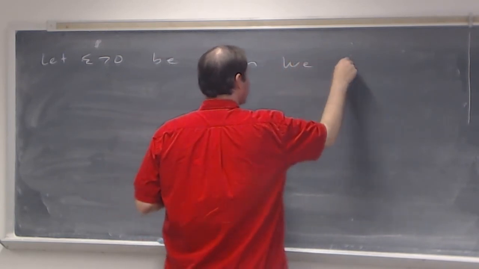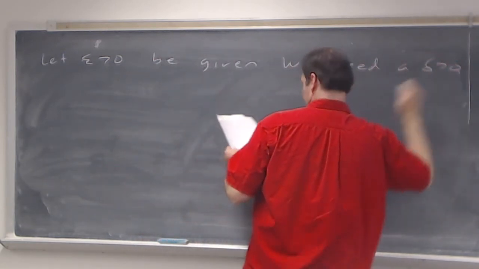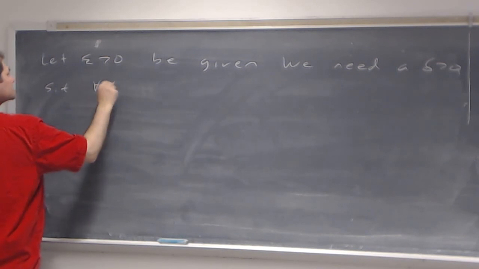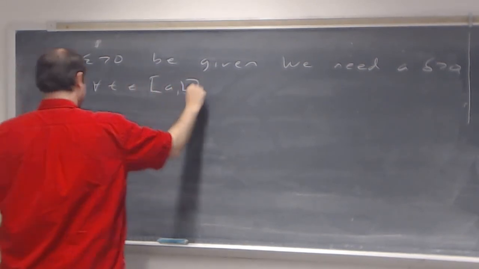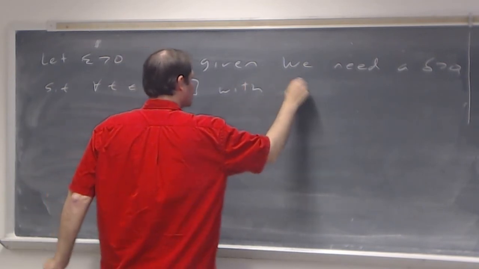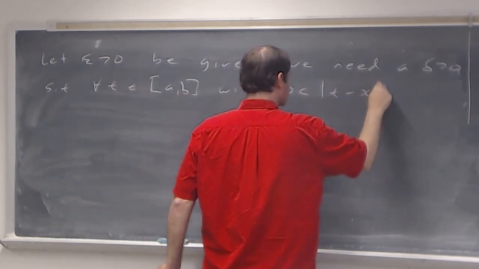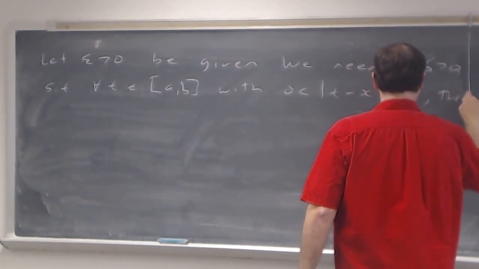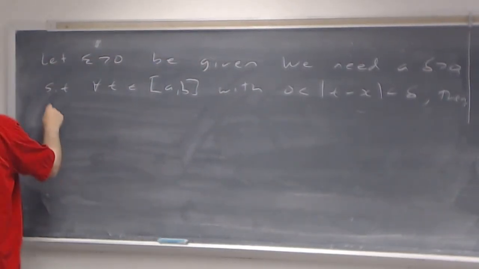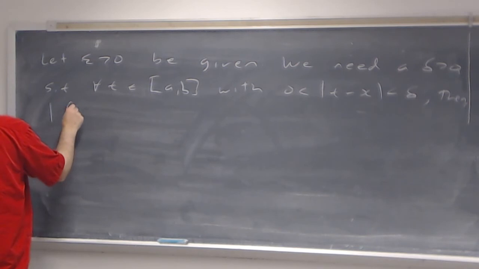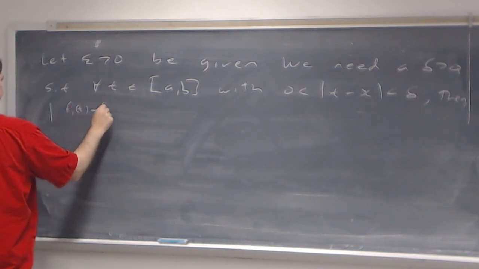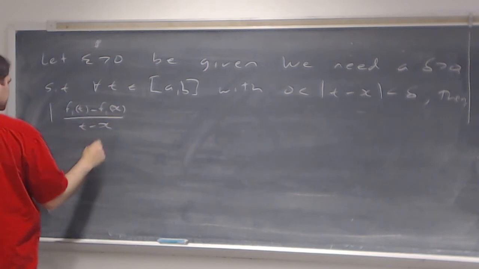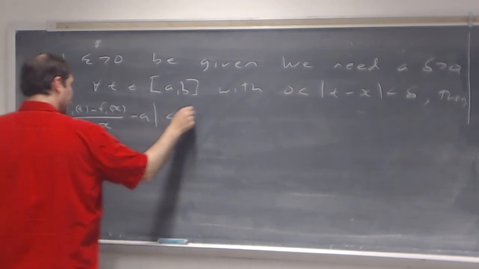What we need is a delta bigger than 0, such that for all t in the closed interval from a to b with 0 being less than the absolute value of t minus x, so the absolute value is the usual metric in R, is less than delta, then the absolute value of f sub 1 of t minus f sub 1 of x over t minus x, minus a, will be less than epsilon.